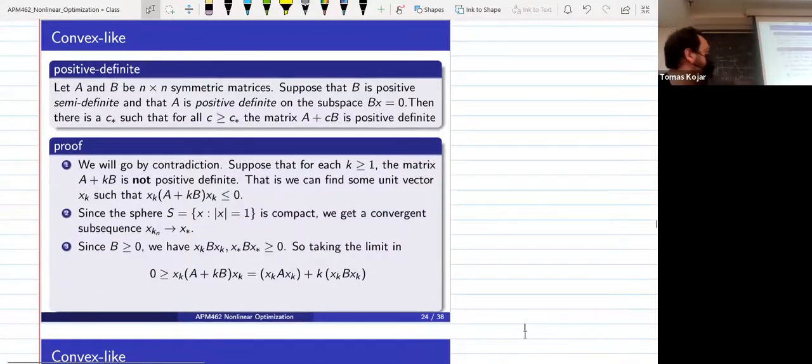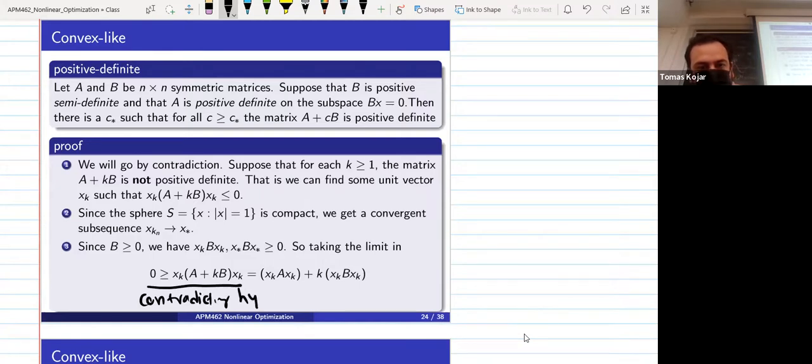And now let's stare at this. This is where the meat of the proof is. So again, this is the contradiction. This is what we assumed, contradicting the hypothesis. You open it up and you have this guy and this guy, and this guy over here is non-negative.